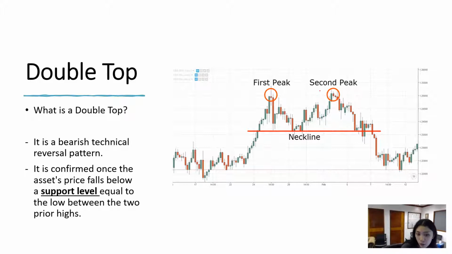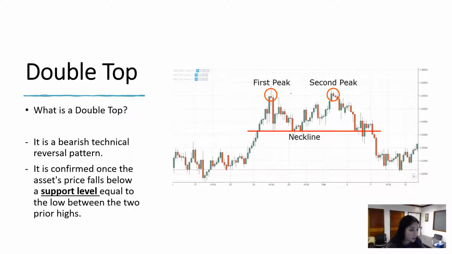It's not easy to spot, because there needs to be a confirmation with a break below support. The support area will be around here, the neckline level. This means you have to wait for confirmation of the asset's price falling below a support level, which is equivalent to the low between the two parallel highs, which is here.